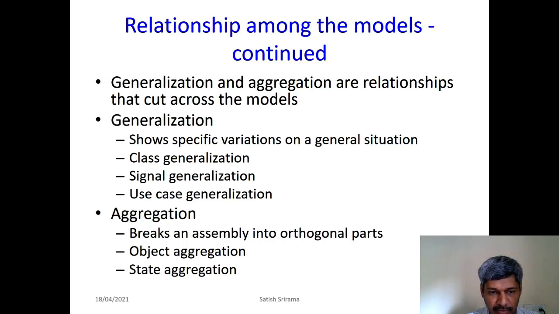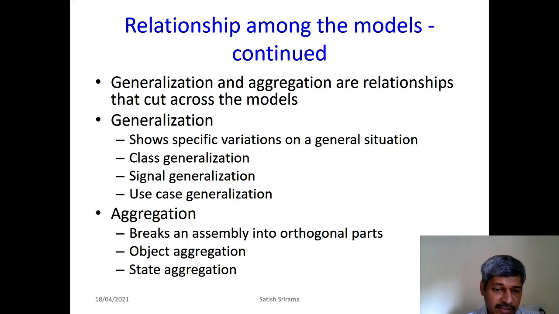Each and every signal is a leaf of the signal generalization hierarchy, and of course a low-level signal can also trigger the signals of these ancestors. So we have seen signal generalization.